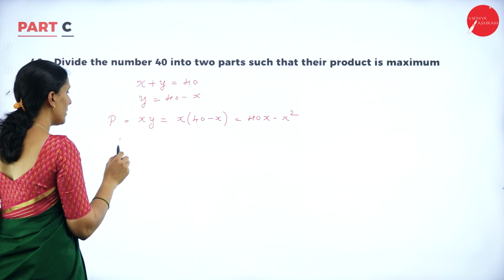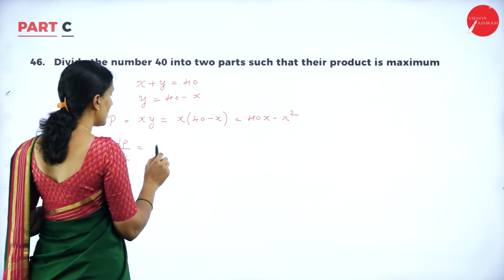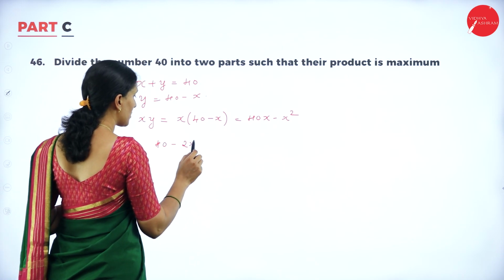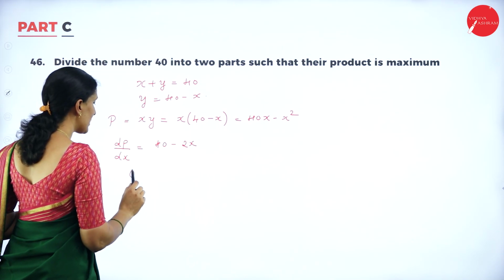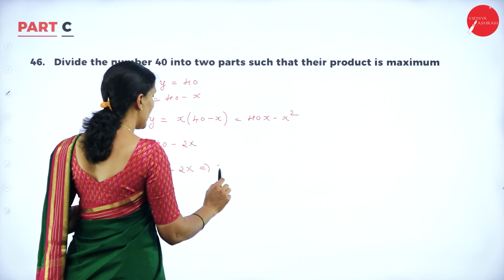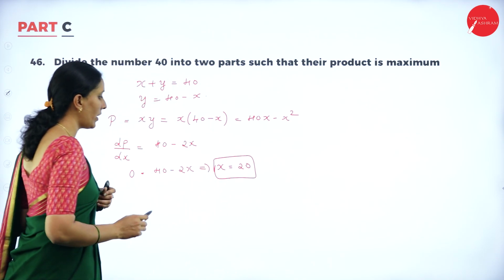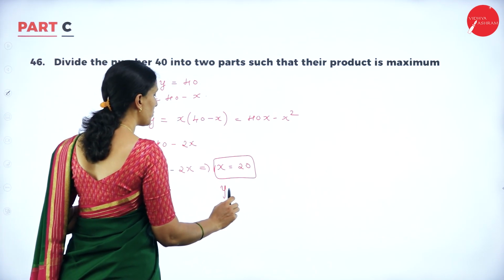Now let us differentiate this, dp by dx. Then we will get this as 40 minus 2x. If we put dp by dx as 0 here, this implies x is equal to 20. So if x is equal to 20, then obviously y is also 20.